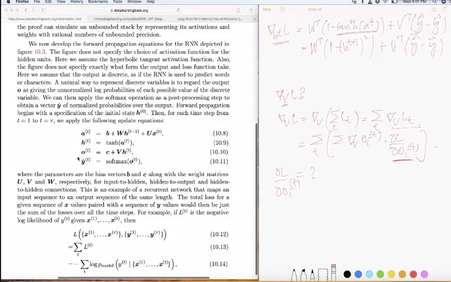I will index it by k, because I want to use i for a different index. Mainly the thing I want to evaluate over here is partial L over partial o_{k,t}. That is unknown. So any guesses? What is this gradient?